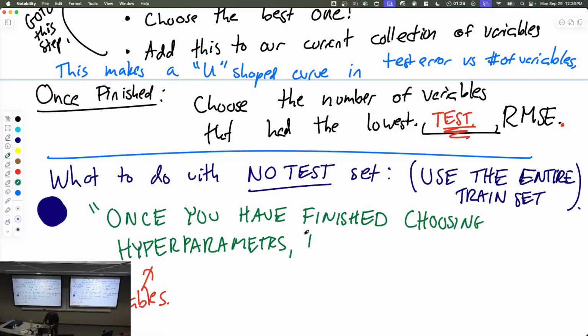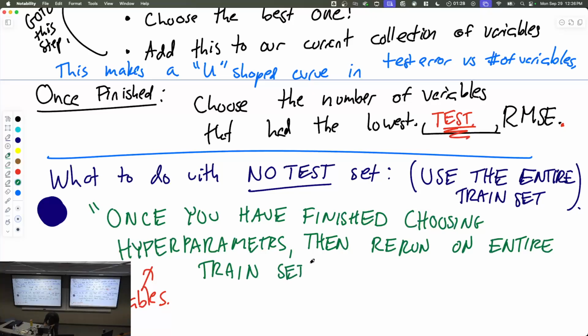Then rerun on the entire train set. So in other words, your best possible thing isn't what you discovered up here. All this procedure up here was just to figure out the best value for your hyperparameters, and then you should rerun everything using the hyperparameters that you found.